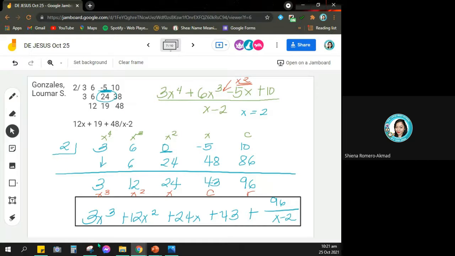And then, ganun ulit. Bring down, multiply, add. Bring down, multiply, add. Yun yung tatandaan nyo lang. Pero lagi nyo iisipin, sa umpisa, lagi nagbe-bring down. Para hindi kayo malito. Bring down, multiply, add, multiply, add, multiply, add. Then, laging kompleto yung mga terms.